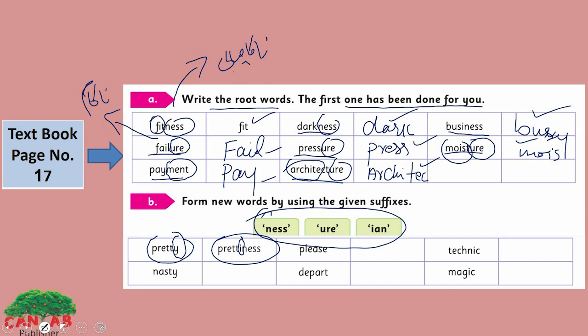When we removed ness from it, it became busy, B-U-S-Y here. So, pretty, prettiness, nasty, yes, nastiness. Again, we are adding ness here, so we have to change Y into I, nastiness. Please becomes pleasure.